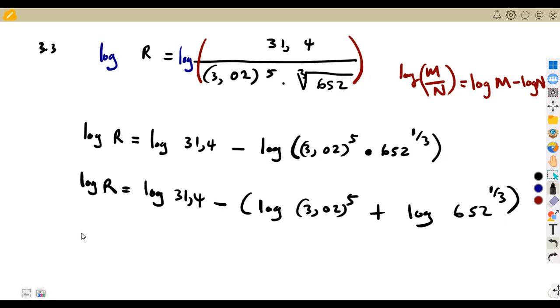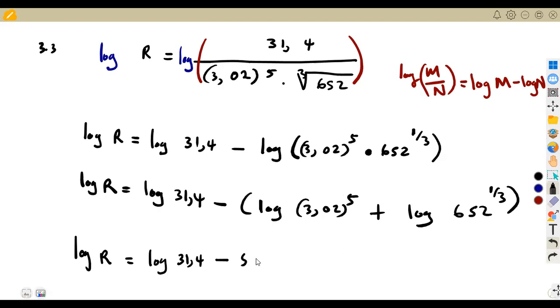So as you can see, everything here can be affected by the negative. And also, I told you before from those simplifications that whenever you see this exponent, you are going to drop the exponent down. So it means we are going to have the logarithm of r, which is equal to the logarithm of 31,4 minus, you multiply this, everything is just being multiplied, but not forgetting to drop the exponent.